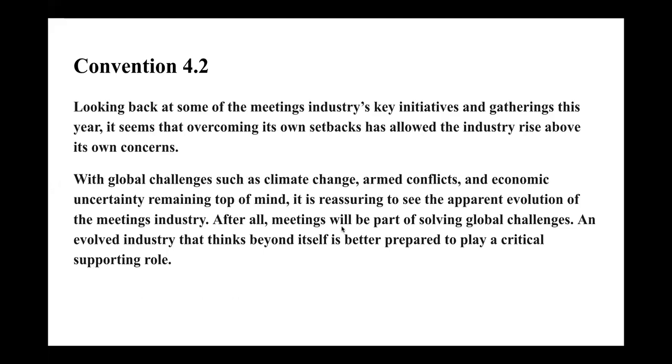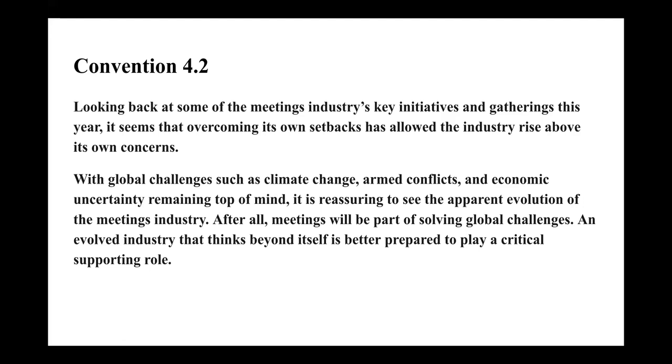Let's look at the meeting industry first. If you understand the meeting industry, we can see lots of characteristics and key initiatives. Conventions might be a little more complicated than meetings, but they are an important industry to see what happens next. And we also have to see global challenges, for example climate change, conflicts or economic uncertainty remaining top of mind.